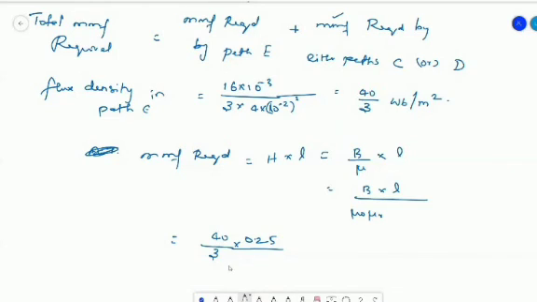And mu 0 is 4 pi into 10 to the power minus 7, and mu r is again given in the question to be 600. It is 4420.